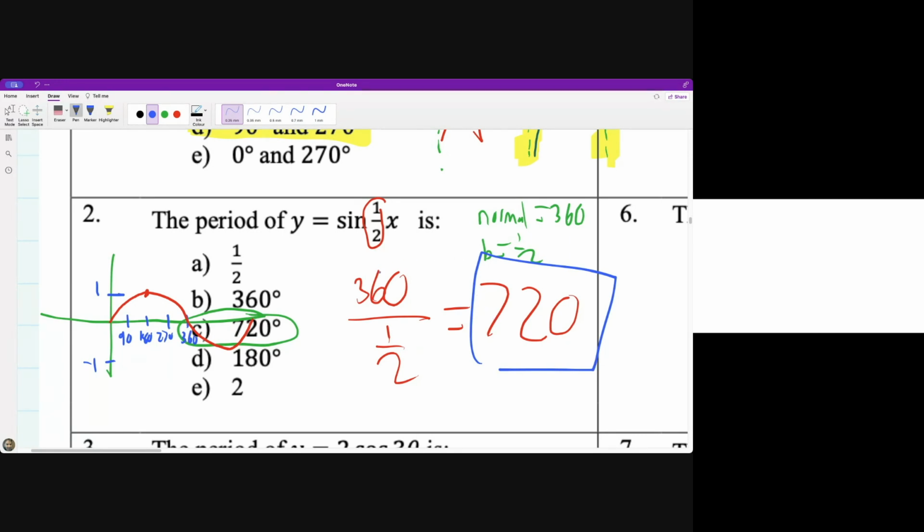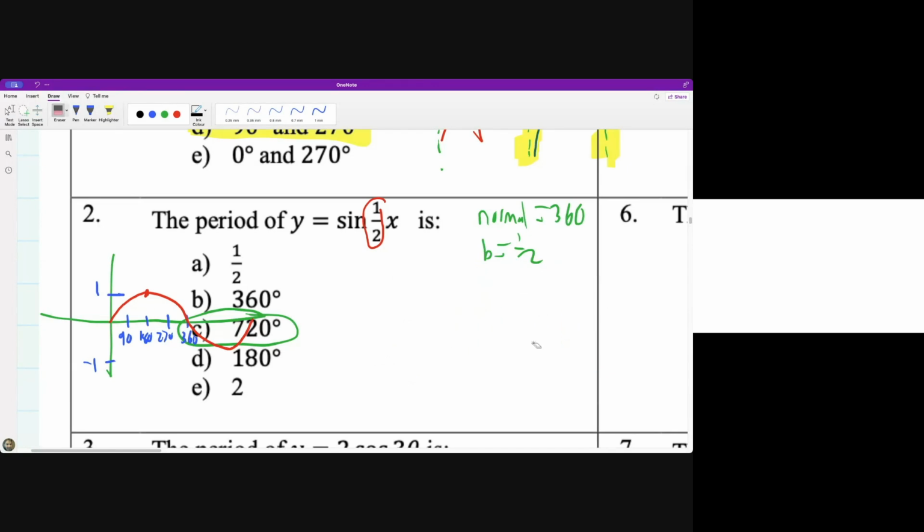Okay, I've lost quite a few of you, so let's just do another example just to check this. If I said to you, what is the period of this graph? Y equals sine 3x. Could you work out the period of that graph? You can just give me a number.